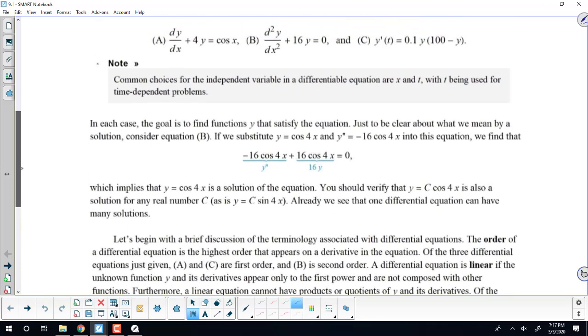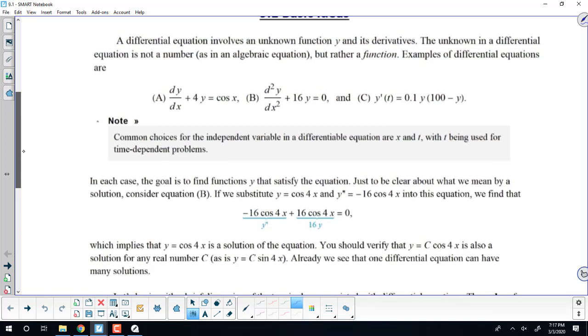So a lot of this terminology, I'm not going to test you on. It's just looking at each one of these A, B, and C and describing what kind of differential equations they are. There's many different kinds of differential equations: separable, linear, homogeneous, non-homogeneous. And depending on what they are, you have different methods to solve them.